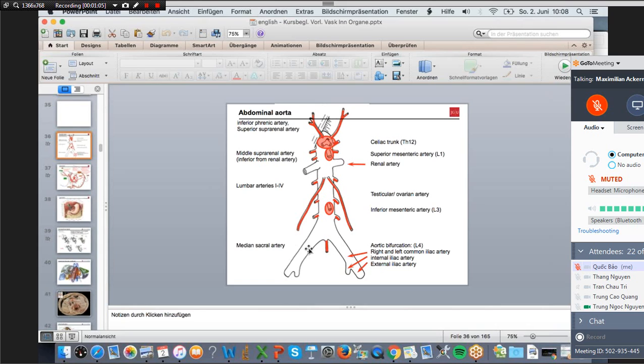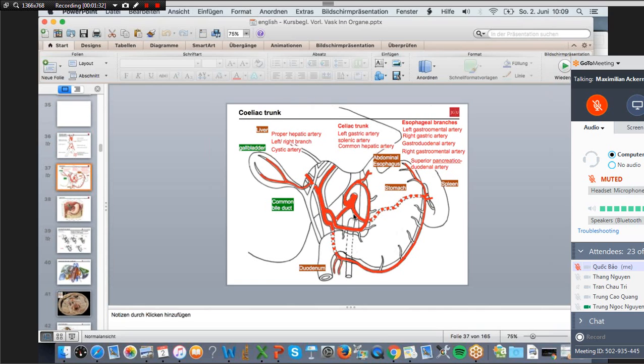Additionally you find here the medial sacral artery. These three arteries, the celiac trunk at T12, the superior mesenteric artery and the inferior mesenteric artery, are mostly responsible for the blood supply of the abdomen. You should always keep in mind that these are relevant structures for all internal organs.